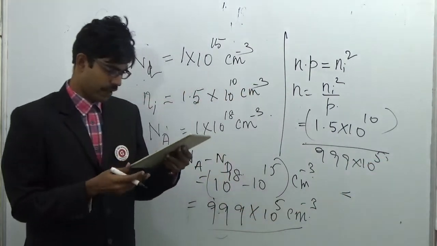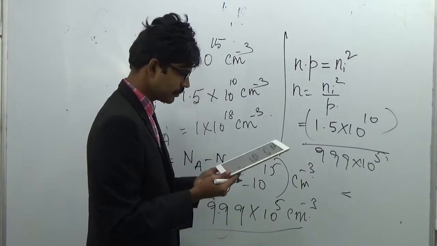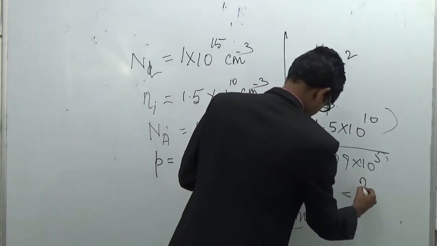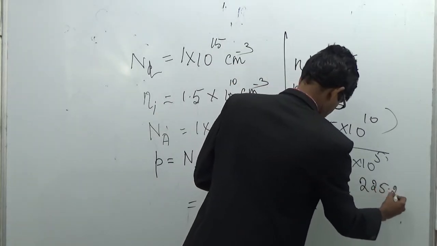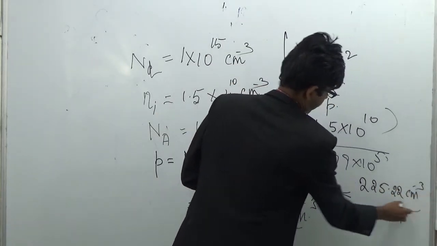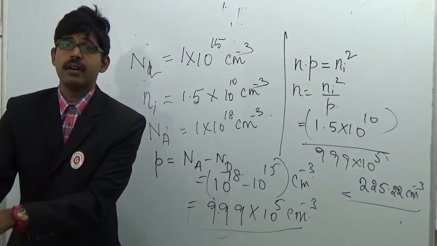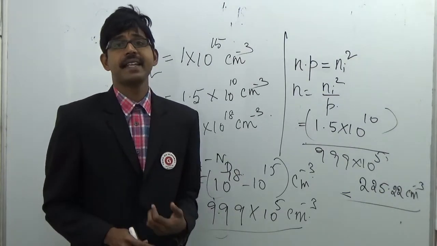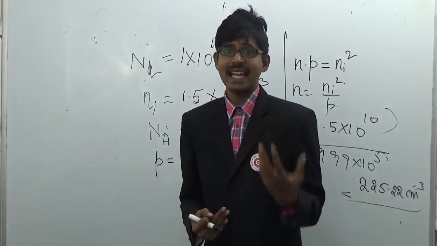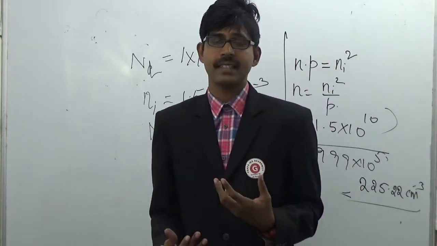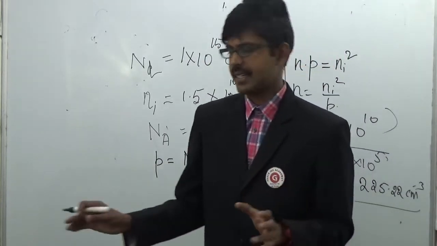The value is going to be 225.22 per centimeter cube. Okay, this is one example problem of how we can calculate the electron as well as the hole concentration given the intrinsic concentration.